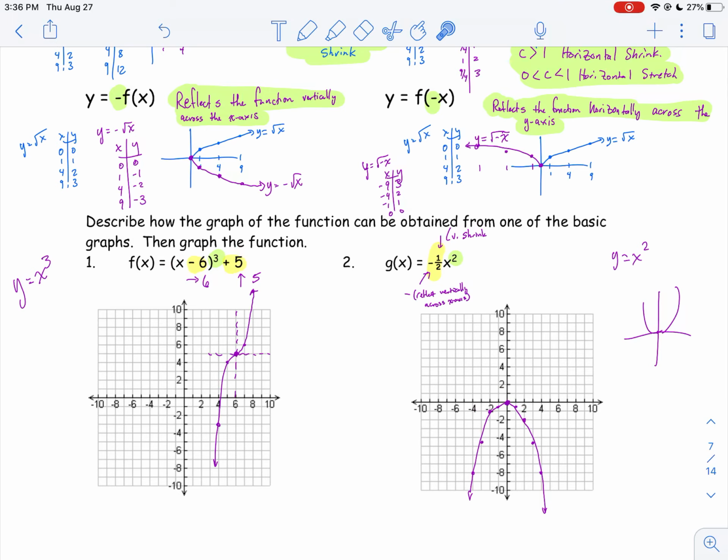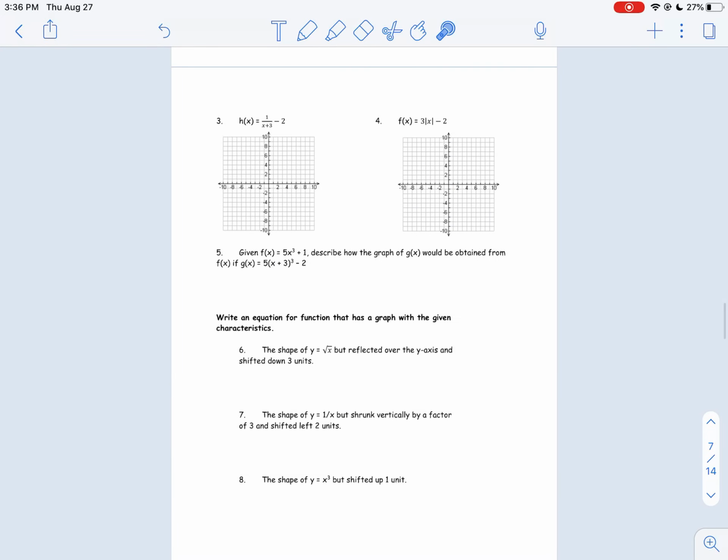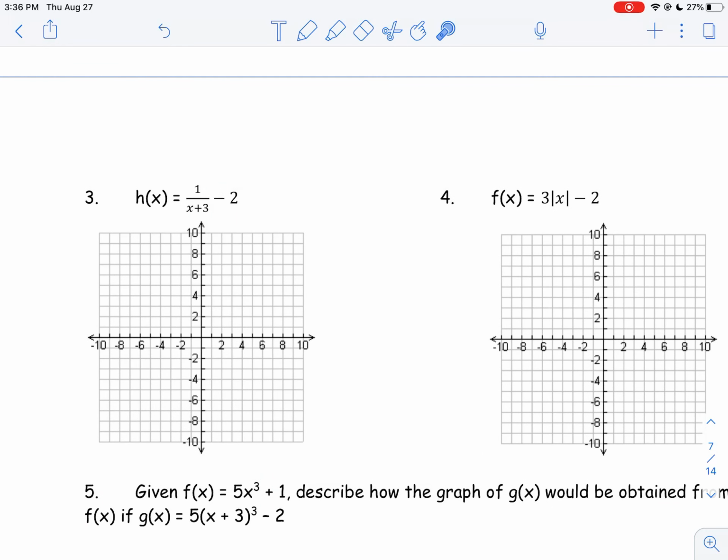Maybe I'll even show you something like this and say, where does the 5 in the function, how does it affect the graph? Or something like that. So please do just practice these skills and practice graphing. That would be good. Alright, let's identify the parent functions here, what's happening, and then I have to stop and have class.